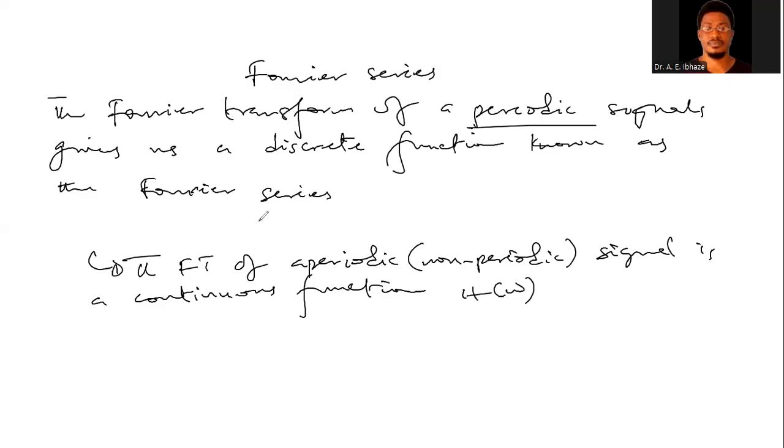And now that we have to take the Fourier transform of a periodic signal, we realize that what we now have is not a continuous function, but rather a discrete function.